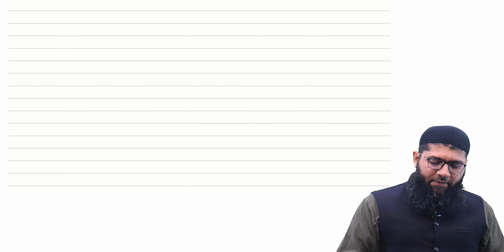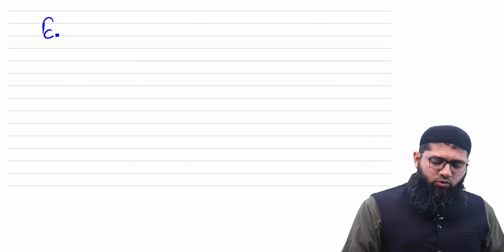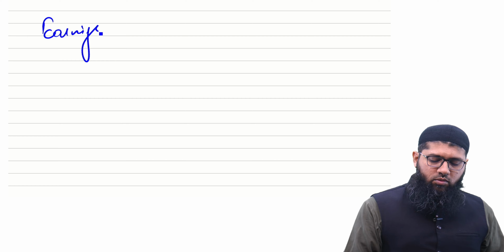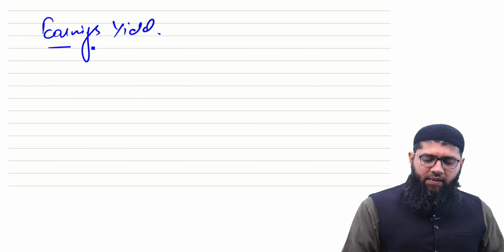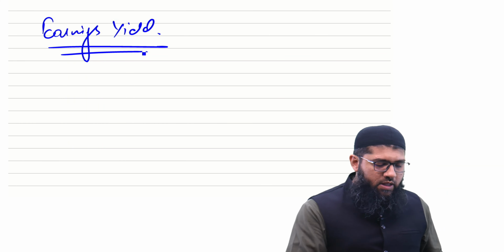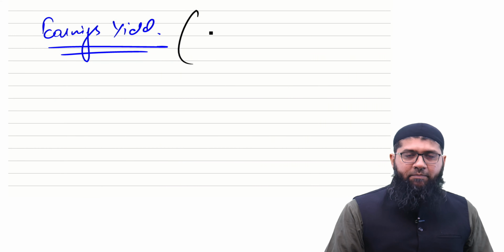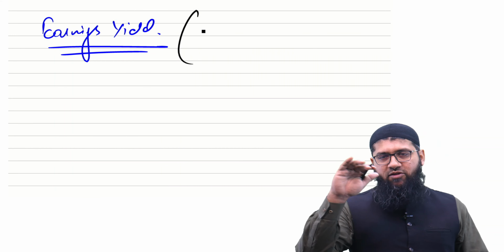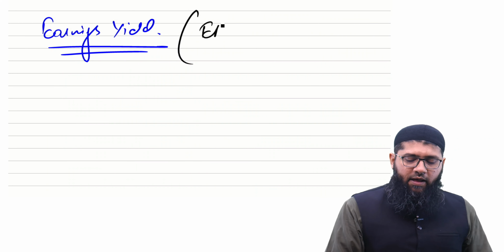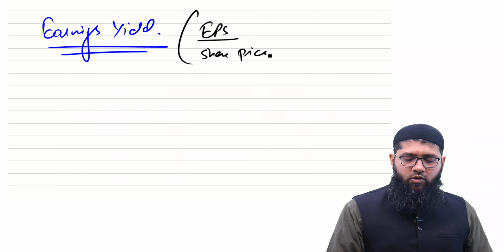Similarly, at times the examiner could give you earnings yield also. Always remember, the earnings yield is the opposite of the PE ratio. When PE is share price divided by EPS, the earnings yield is EPS divided by share price.